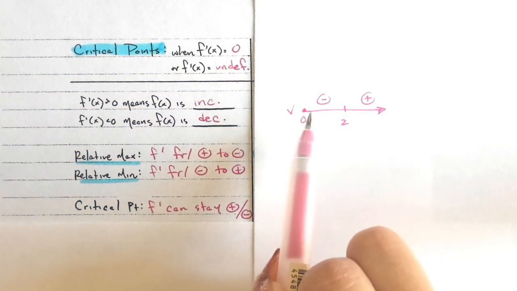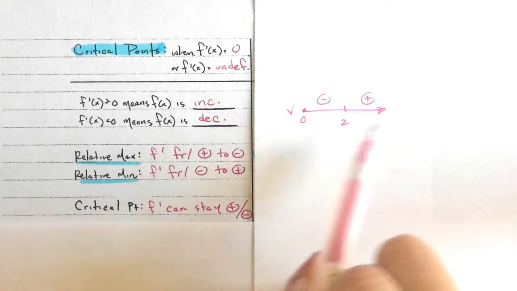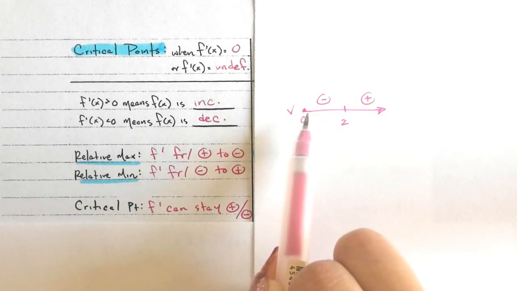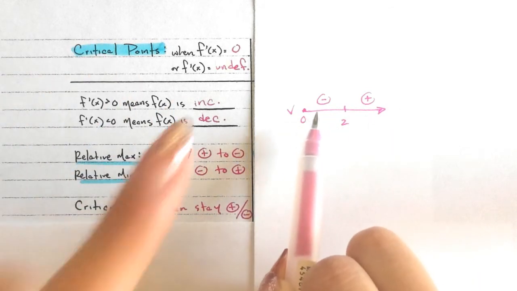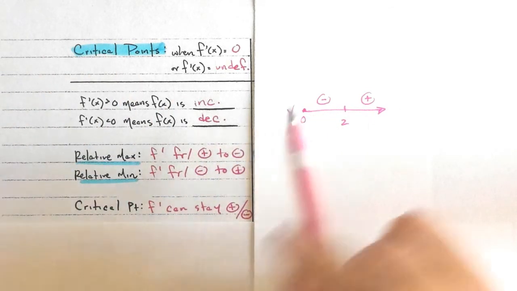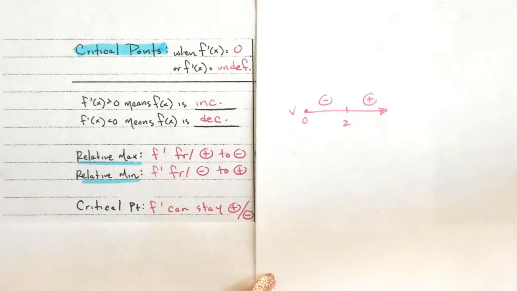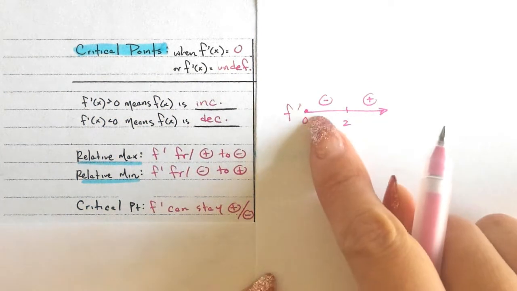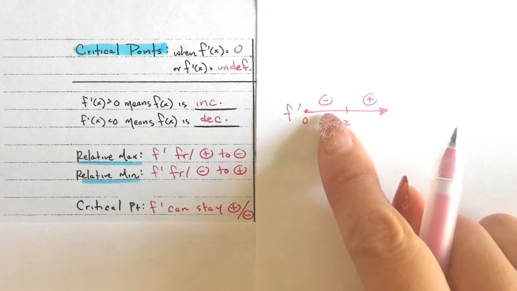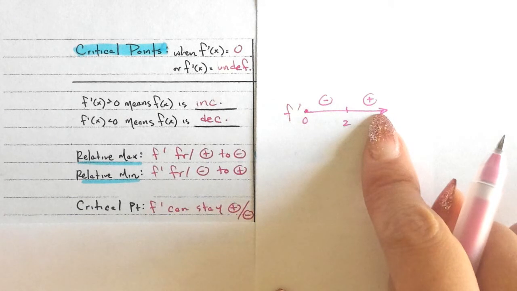So if we're talking about particles, this means that the particle is going to the left until 2, and then it's going to the right. If we're just talking about the function, and we change this instead of v into an f prime, then that means that our f graph is going down and then it's going up, okay?